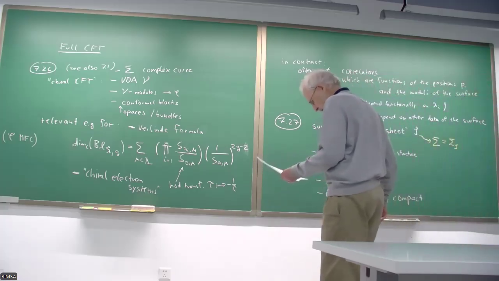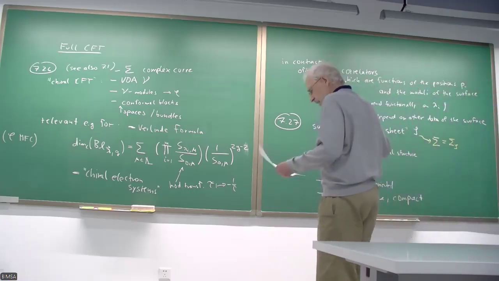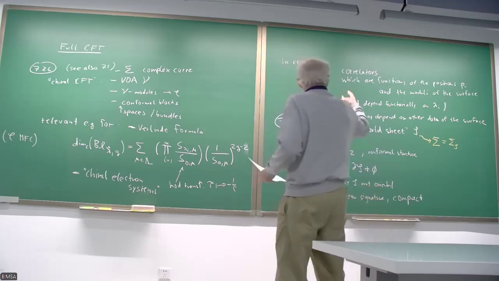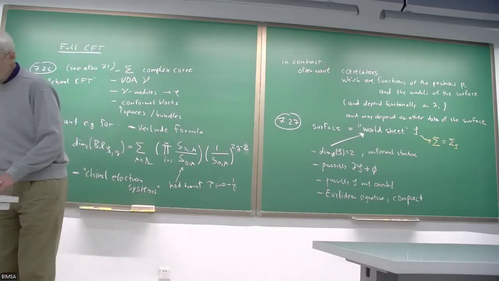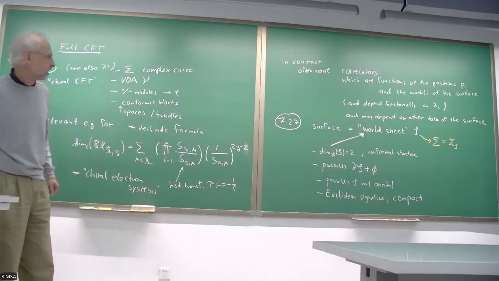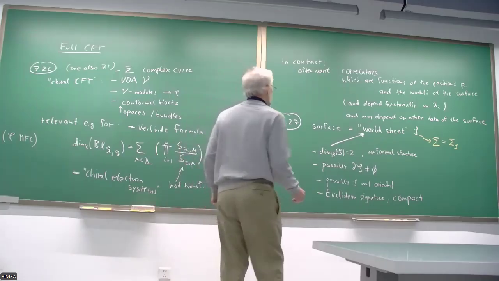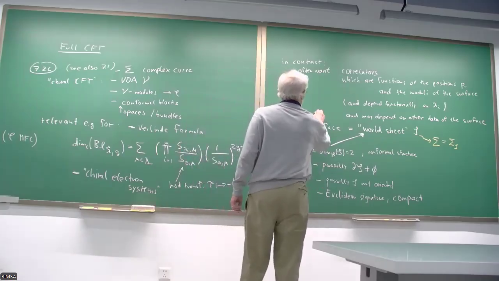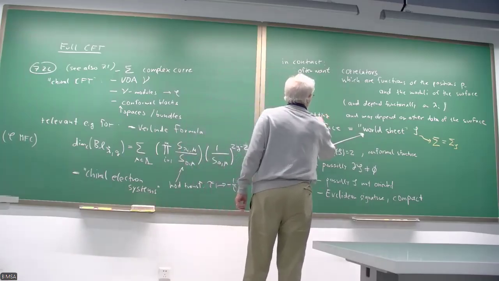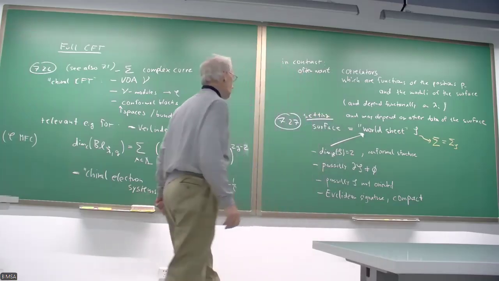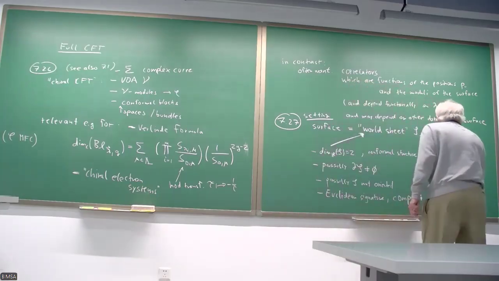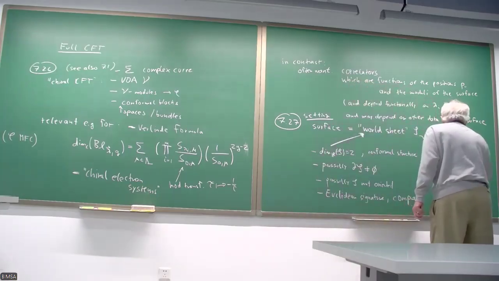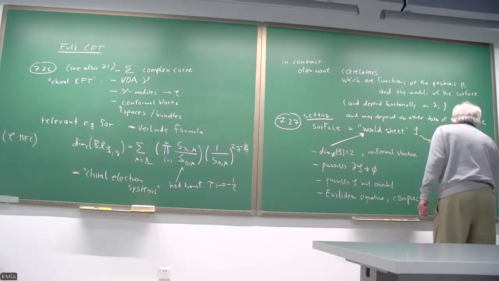And now we want to define a kind of conformal field theory where we deal with a surface of this type, and where we get a correlator satisfying these properties. And this I will then call, for lack of a better name, full conformal field theory.